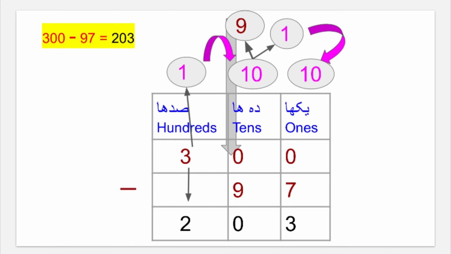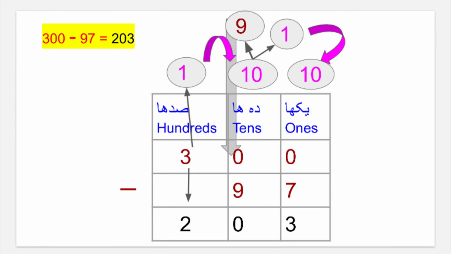Friends, now I show you another subtraction operation with different numbers that is challenging. This operation is a little challenging and I'm going to show you in the number tables, the chart of ones, tens and hundreds, and explain it by the decimal system. So we have here ones, tens and hundreds.